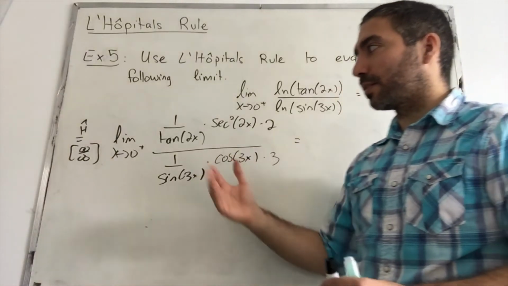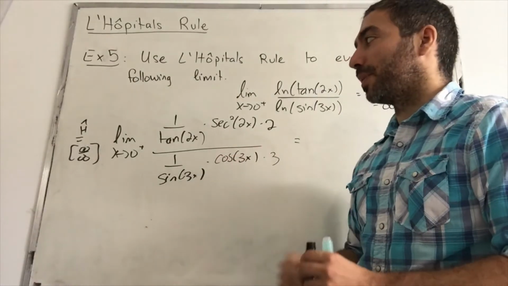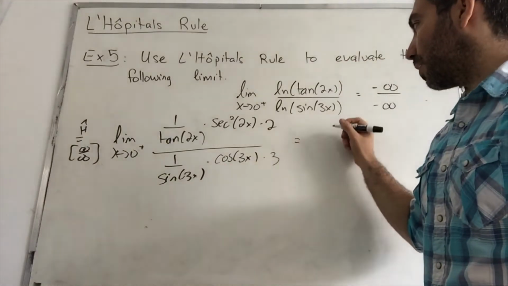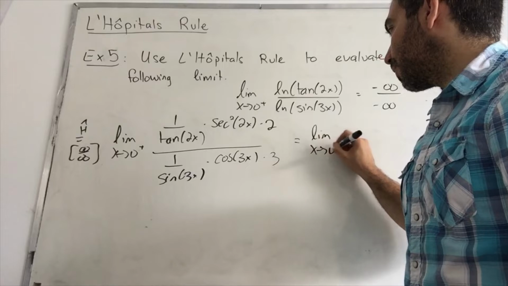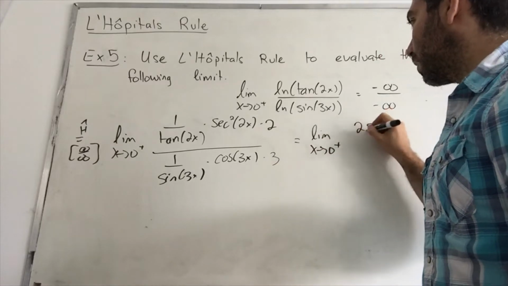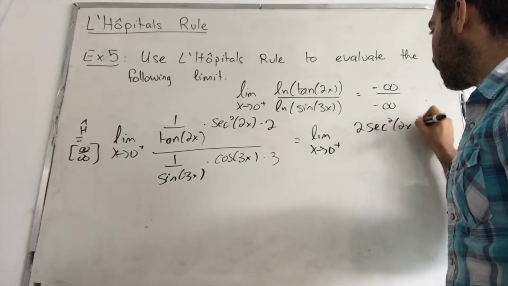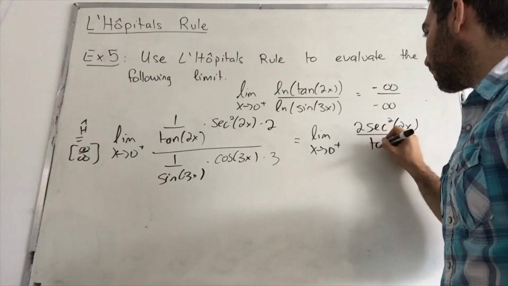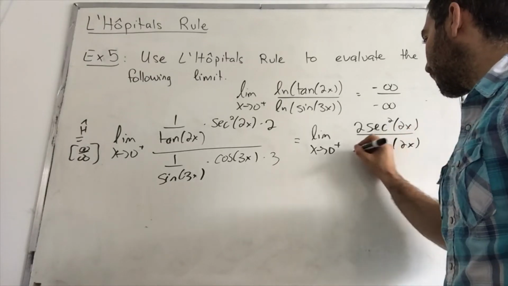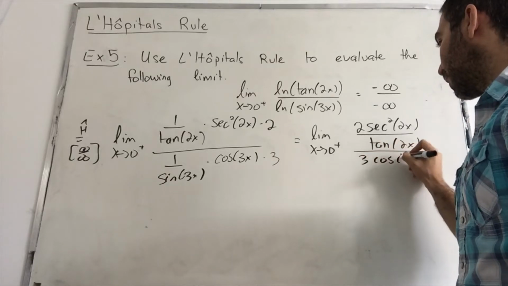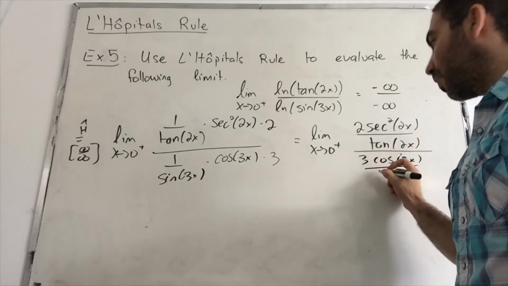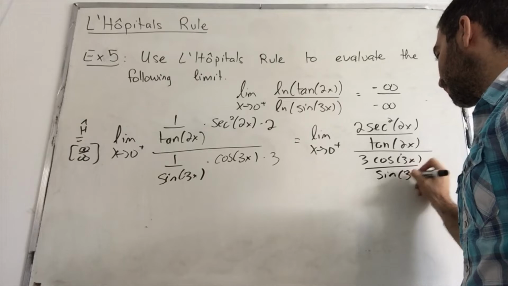So this gives us the limit as x tends to 0 from the positive side of 2 secant squared 2x over tan 2x, all that over 3 cos of 3x over sine of 3x. Okay.